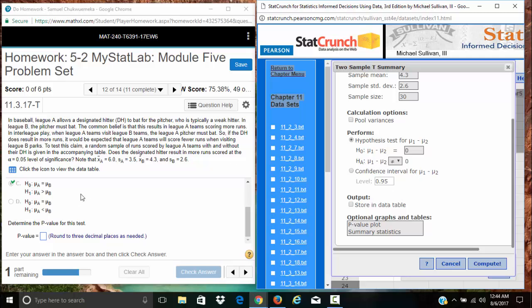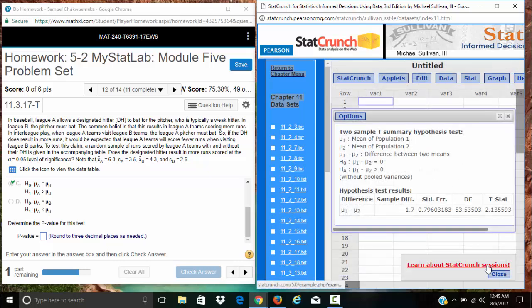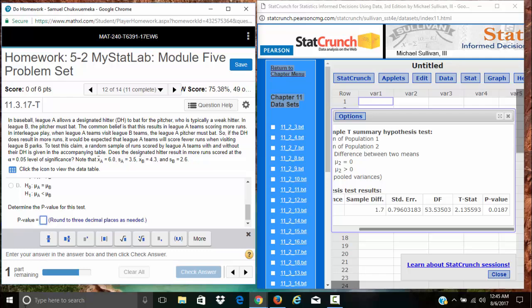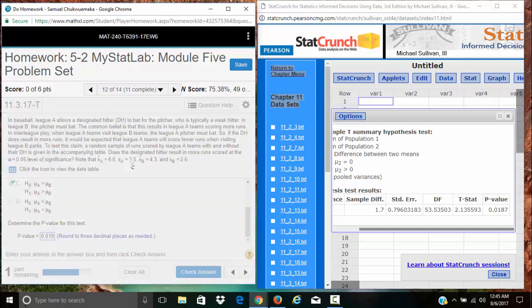The alternative will be that mu A minus mu B is greater than 0, one-tailed, right-tailed. And you click compute. Scroll here. The p-value to 3 decimal places would be 0.019.